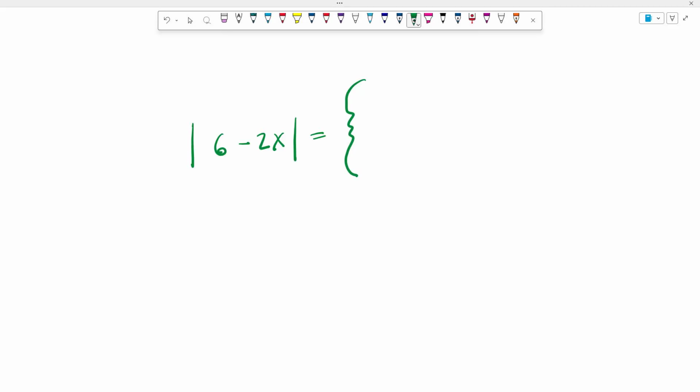Try this one. It's going to be a little bit different because when we solve the inequality, you're going to have to divide by a negative to flip the sign. So try this one on your own.